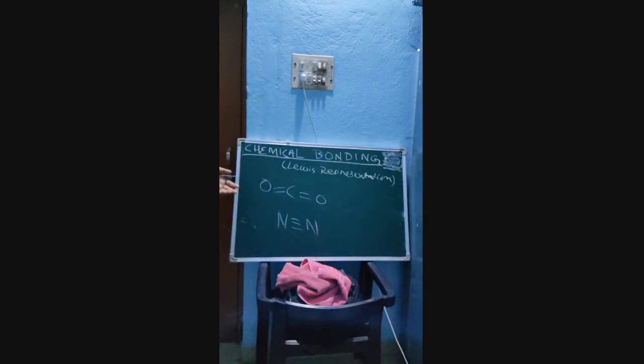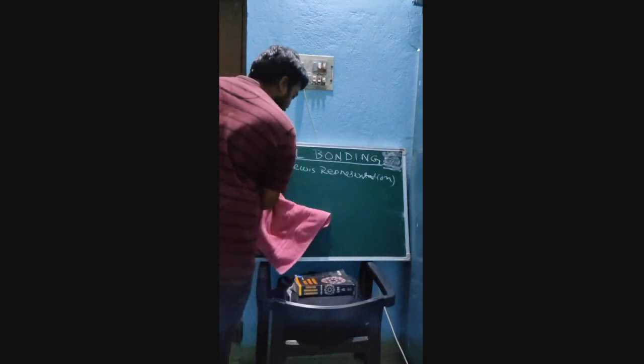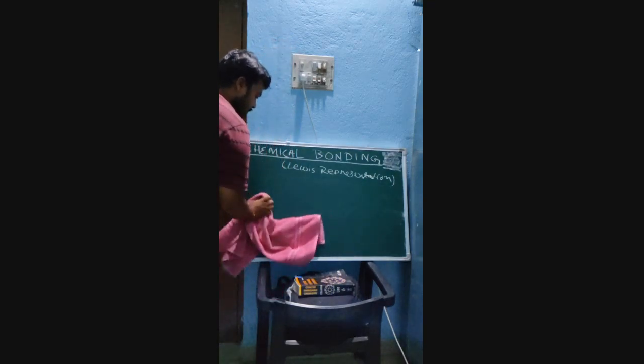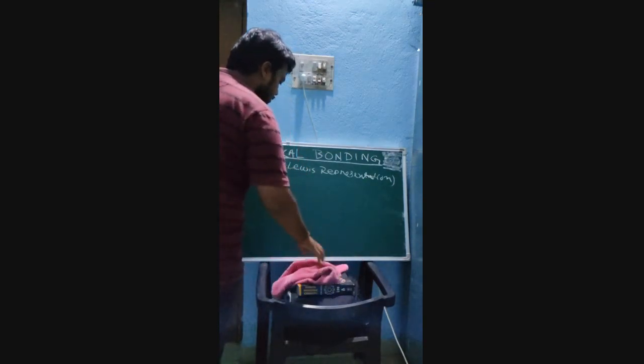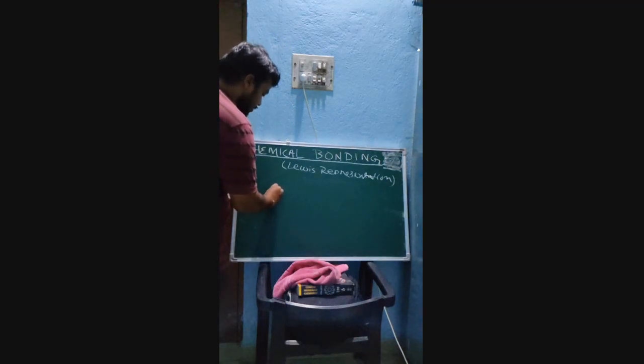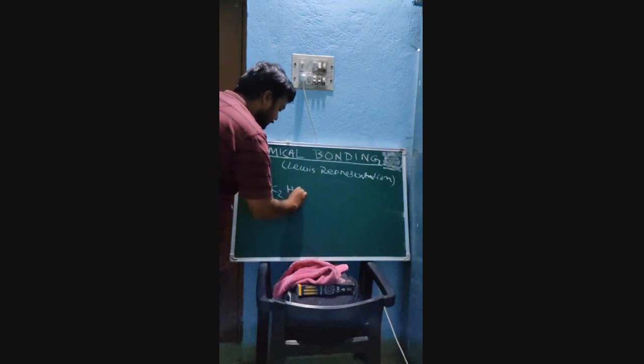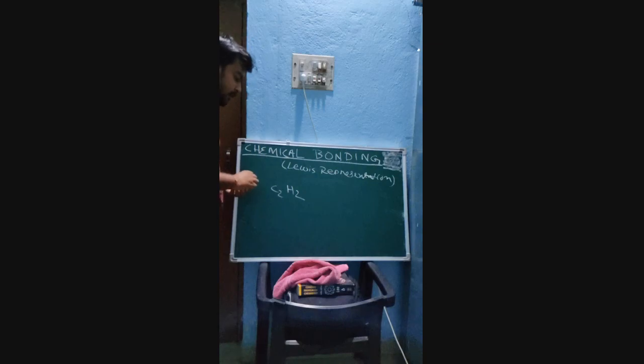So there can be a combination of more than one type of chemical bond in a compound. For example, C2H2. In the molecule C2H2, there are 2 carbon atoms and 2 hydrogen atoms.